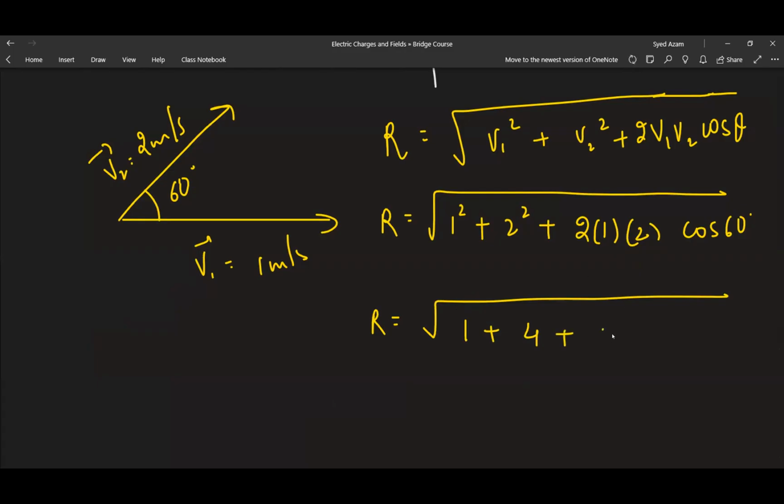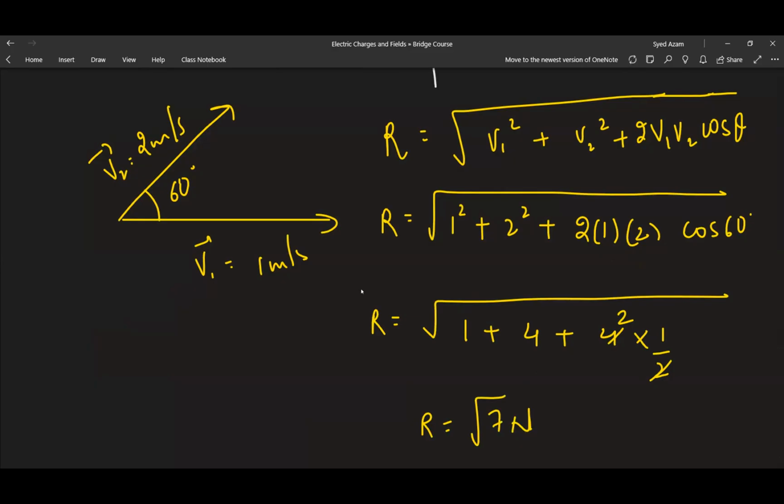Now 2 into 2 is 4 into half, as you said. See, this 2 will cancel this 4. So what are we left with? 4 plus 2, 6 plus 1, 7. Root 7 Newton. This is the magnitude of the resultant.